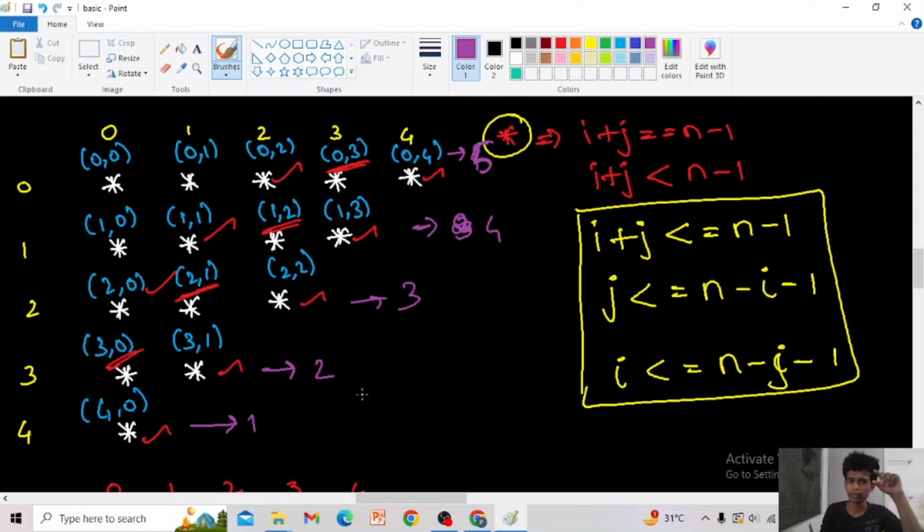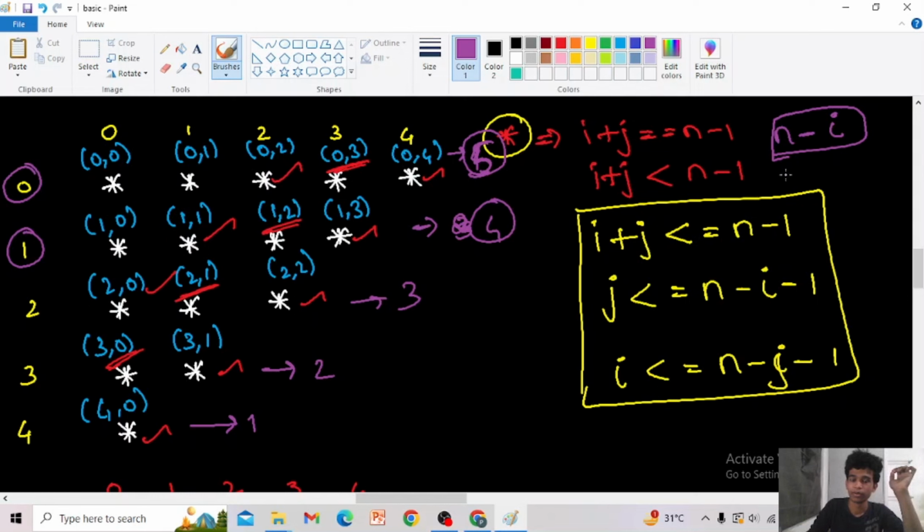So now observe clearly, for the 0th row I want to print 5 stars. So I can say my n is 5 minus i, where i is the row number. So doing this, I will print 5 stars. Yes, here it is 1 and it is 4.